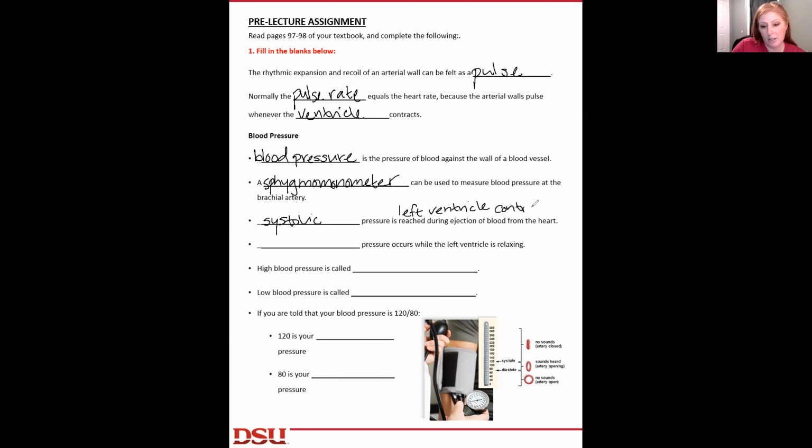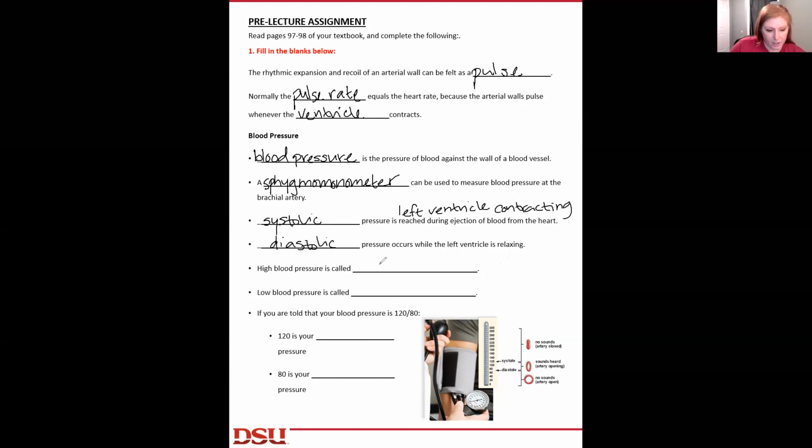It's contracting to expel the blood out of the heart. And the diastolic pressure occurs when the left ventricle is relaxing. So the blood has been expelled and now it's going to relax.